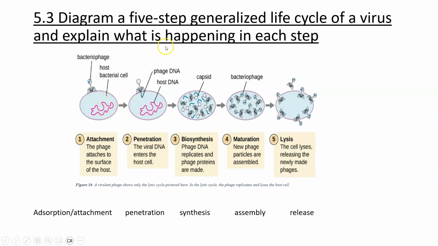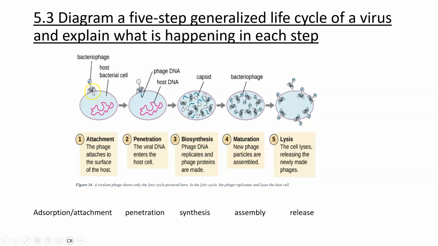And so the first step in the multiplication or in the life cycle of a virus is that the virus has to attach to the host. And so you can call that attachment or adsorption. That means attachment. Adsorption, sticking to the surface. So in this example, the virus in this case, the bacteriophage, is attaching to the host cell, to the bacterial cell.